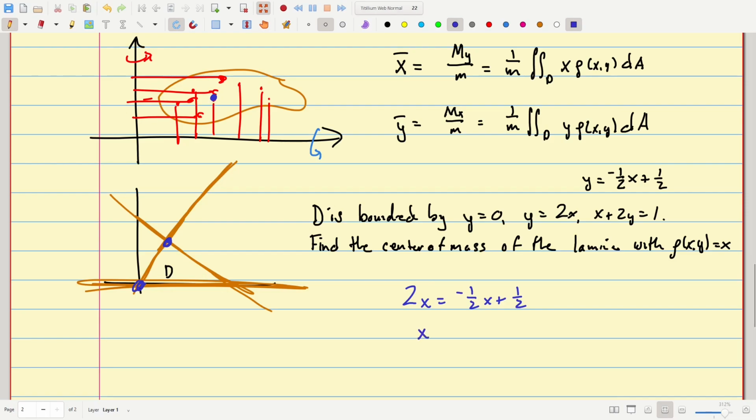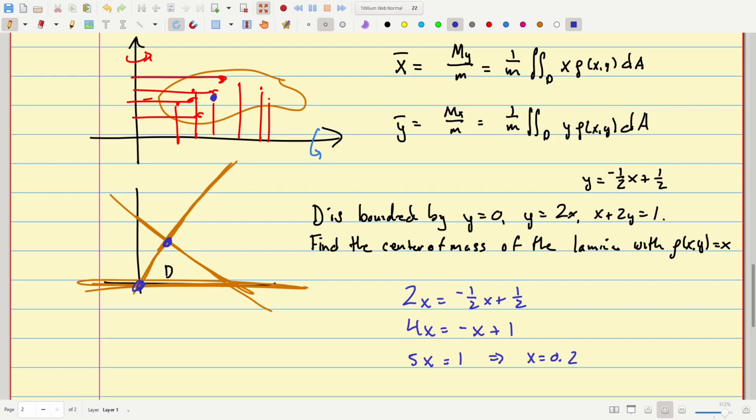So we multiply both sides by 2. Sorry, what am I doing here? Multiply both sides by 2. That makes more sense. x equals 0.2 here.